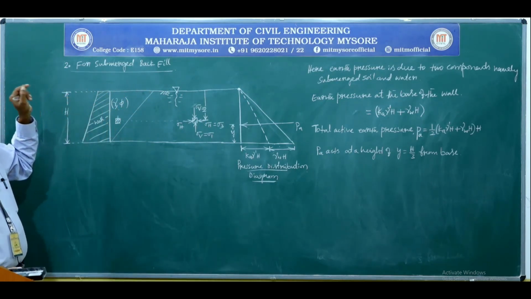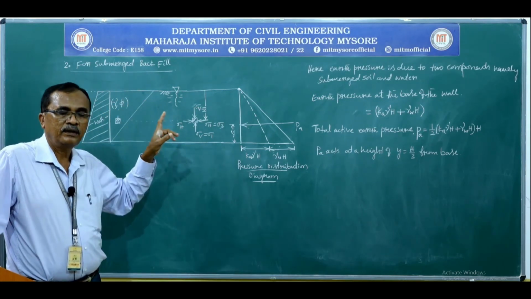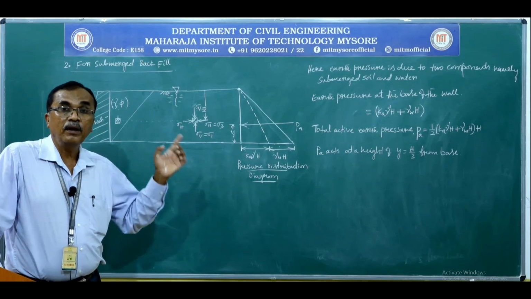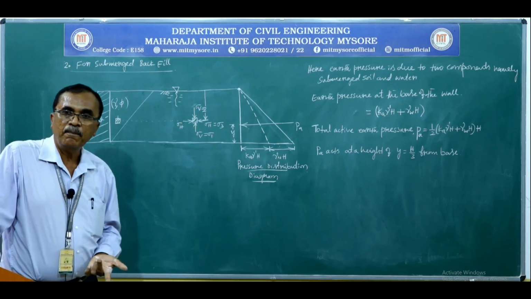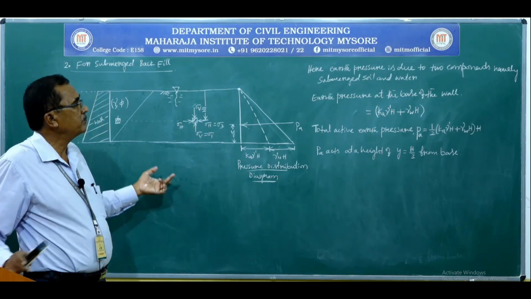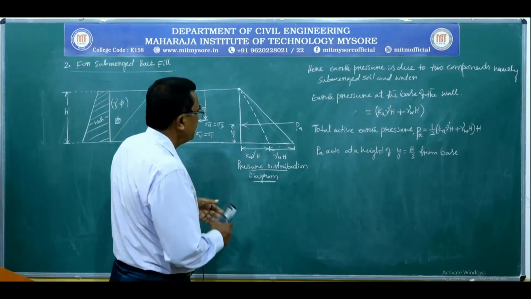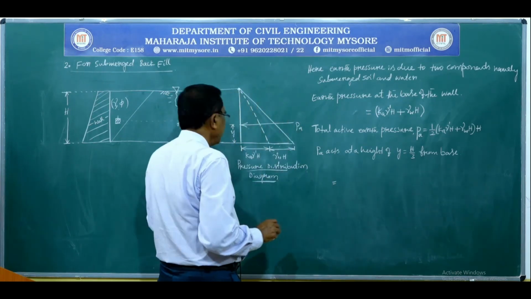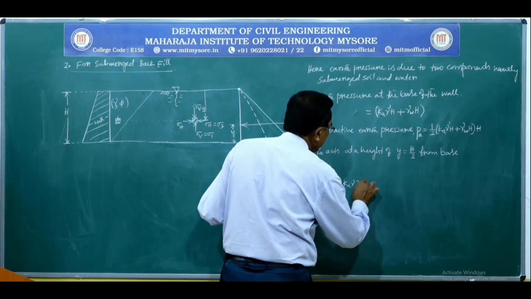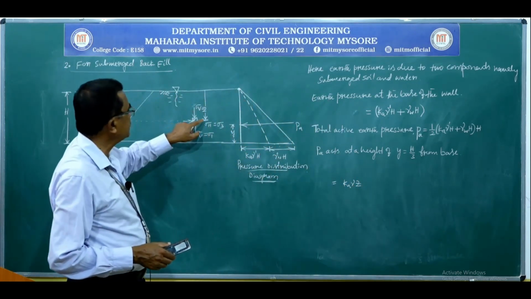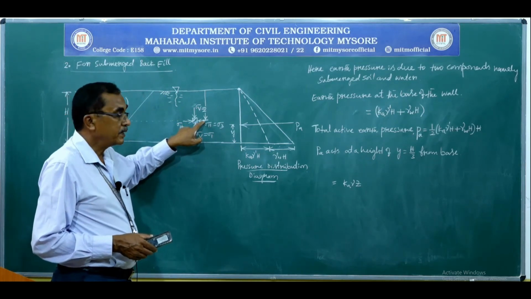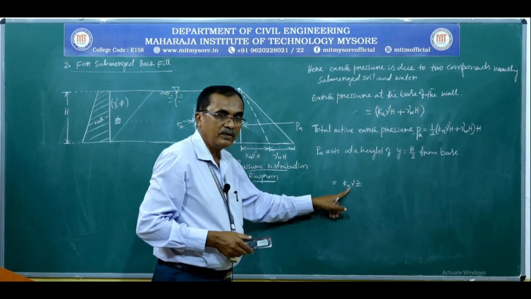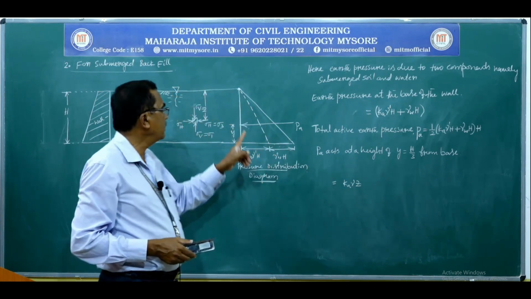Just now I discussed in the beginning that sigma V is not equal to sigma H, but sigma H relates with sigma V. That you can see here in the expression K. The pressure at the depth of Z is equal to K into gamma into Z. So this gamma Z gives us the vertical stress at the depth Z, multiplied by K gives us the lateral pressure.